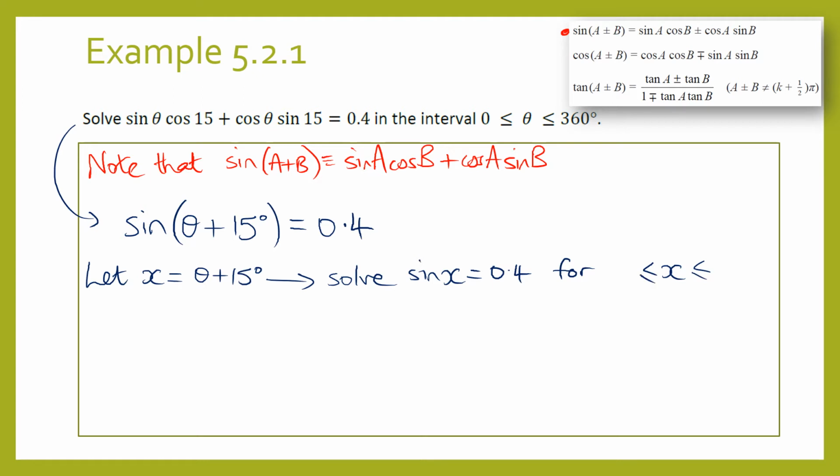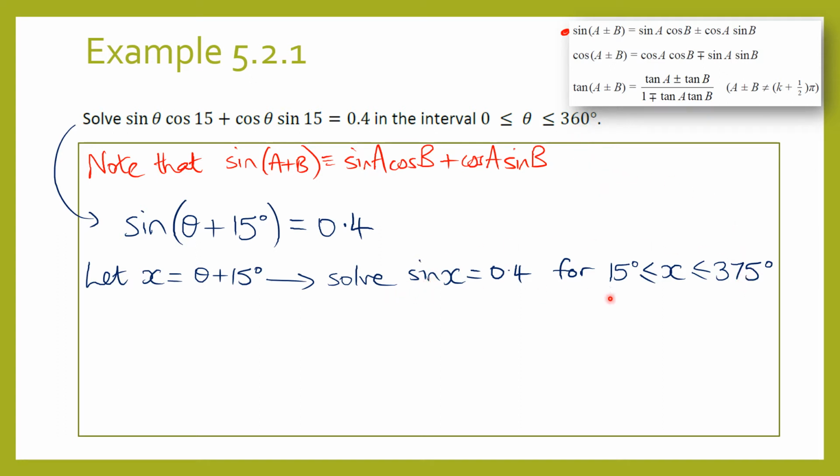pause the video and have a think, if theta is between 0 and 360, what would x be between? Right, well, x is 15 degrees more than theta, so x must go between 0 plus 15 and 360 plus 15.